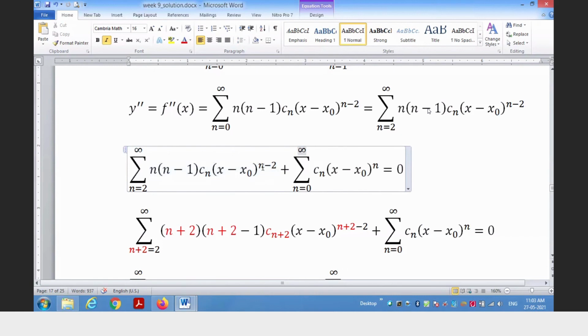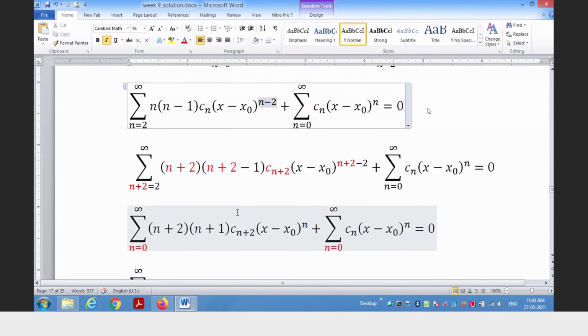So every time I see n, I replace n with n plus 2. So n becomes n plus 2, n minus 1 becomes n plus 2 minus 1, Cn becomes C n plus 2, and this n becomes n plus 2 minus 2. Then we simplify. The index now starts at 0. So we have n plus 2, and n plus 2 minus 1 becomes n plus 1.